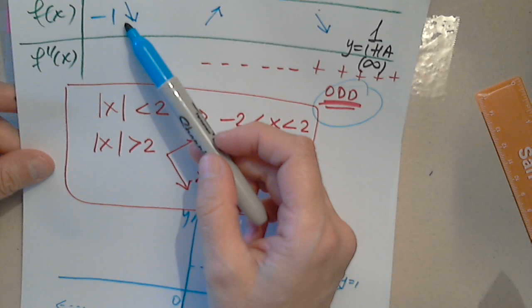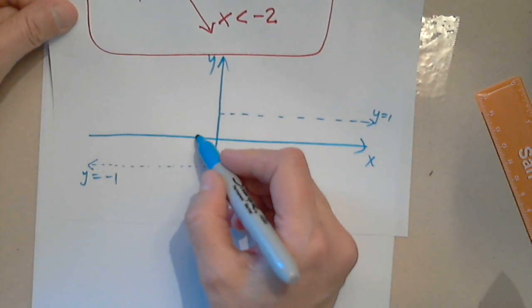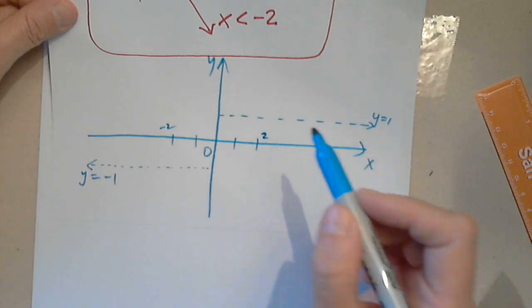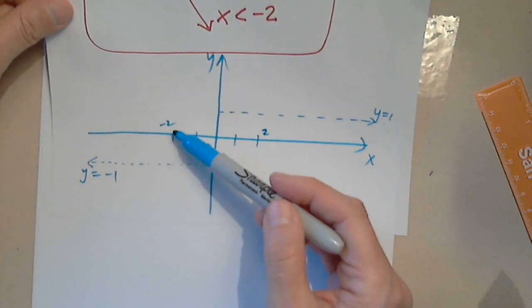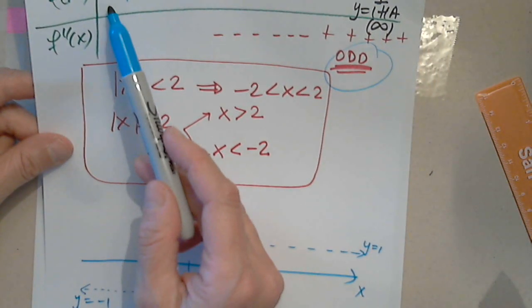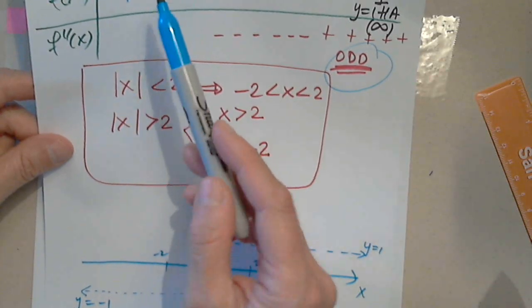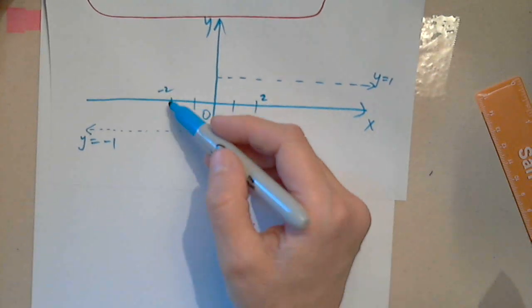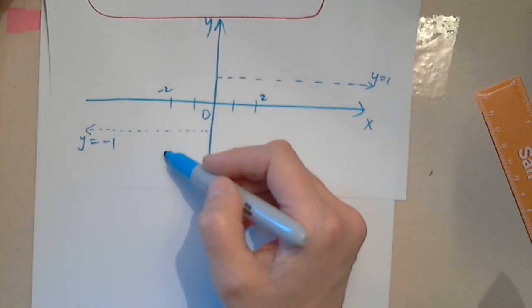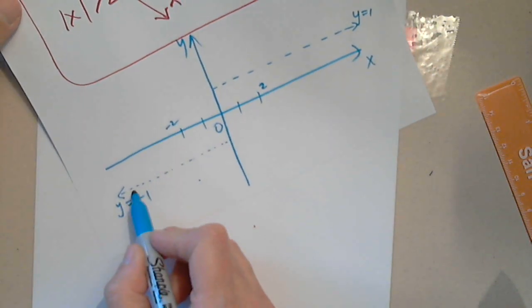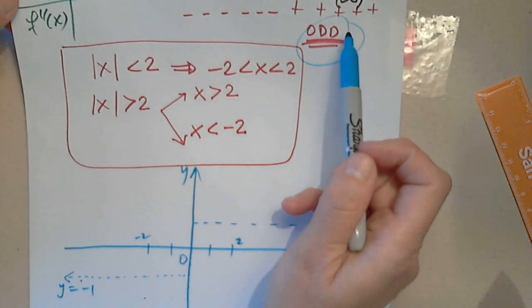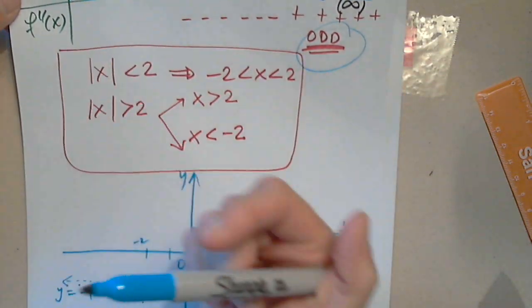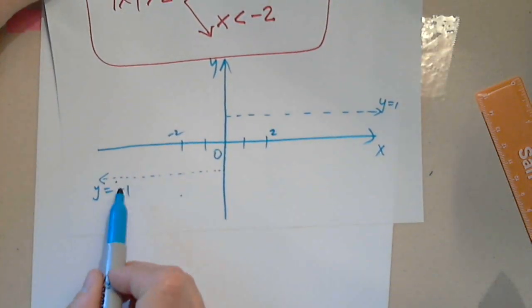So, approaching negative 1, negative 2 is here and 2 is here. At negative 2 the function is from negative 1 to whatever, I have to pick, it is decreasing. And these have to be opposite. Okay. We're going to check everything in a minute.